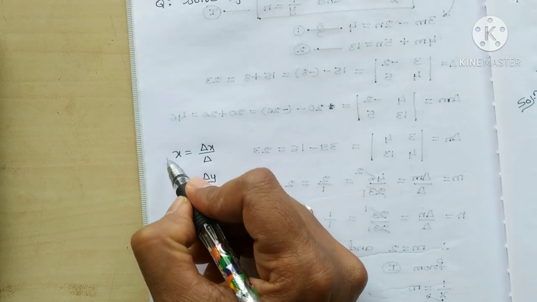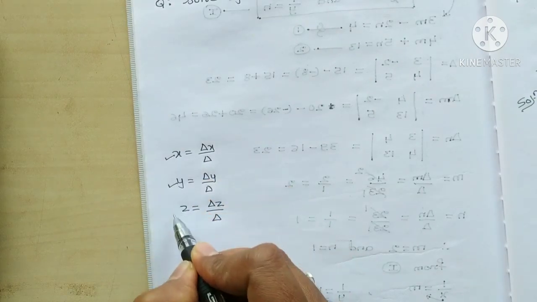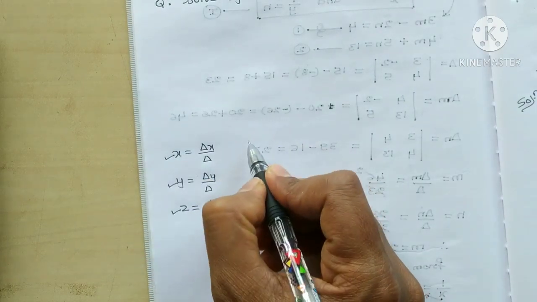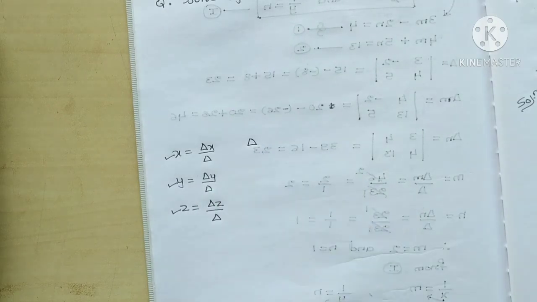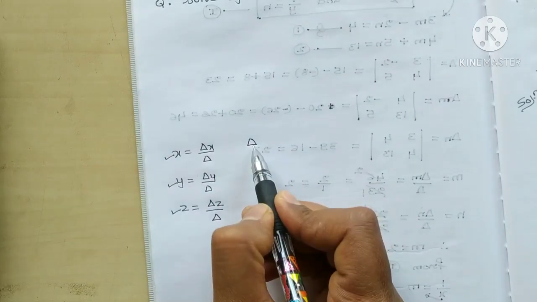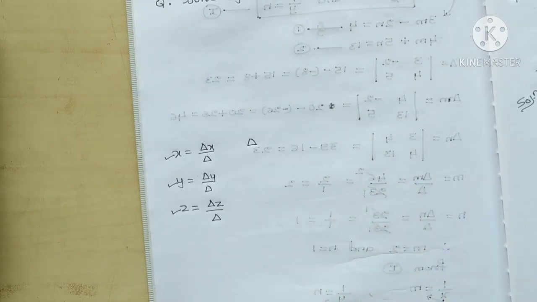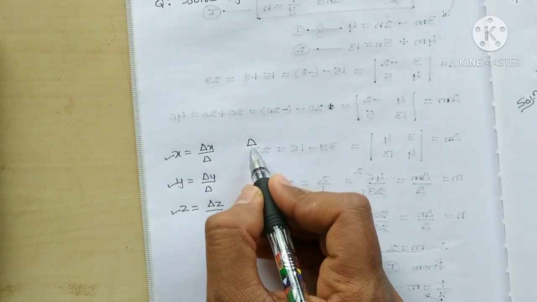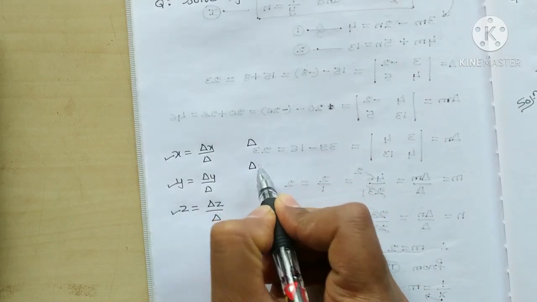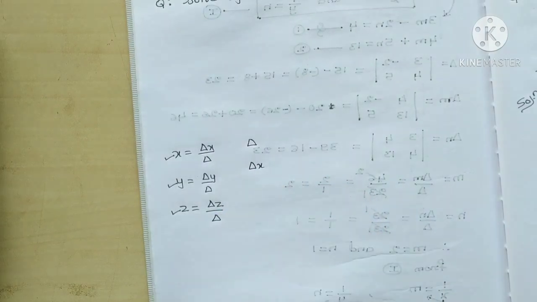So to find the value of x, y, z, the first thing you need to find is delta. You know how to find delta. You need to take all the coefficients of x, y, z in equation number 1, equation number 2 and equation number 3. After finding delta, the next step is to find the value of delta x.